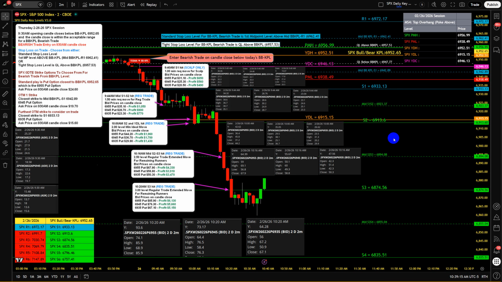Then you would select either a standard stop loss or a tight stop loss, and the indicator will plot the stop loss level for those particular levels and that type of trade on your chart. Then you would pick the reward to risk multiplier you would like to use for that trade.